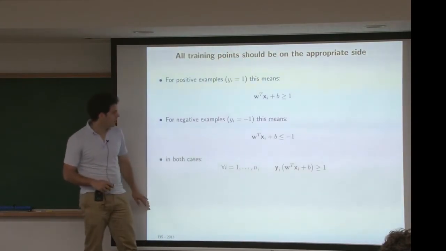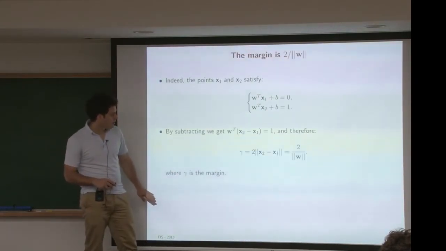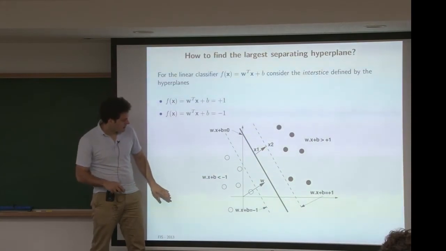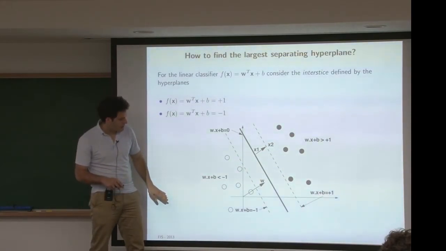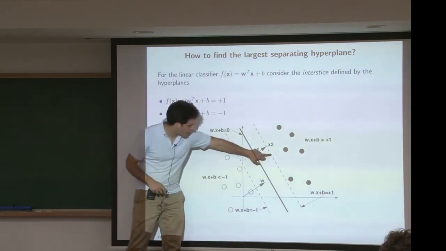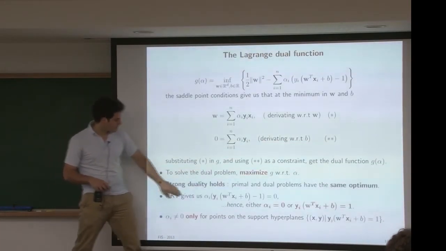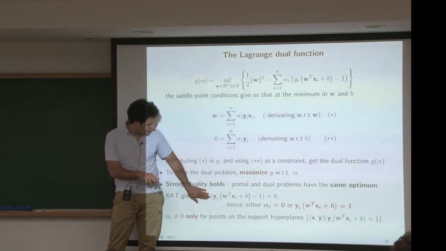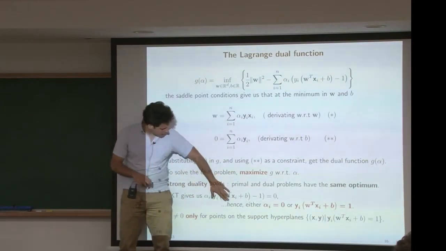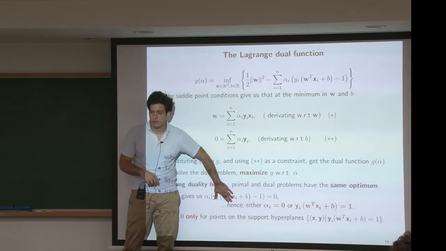And if you remember, w transpose x plus b times yi equals 1 means exactly that it's either here or here. So for those points such that this applies, usually alpha i can be non-zero. It can be strictly positive.